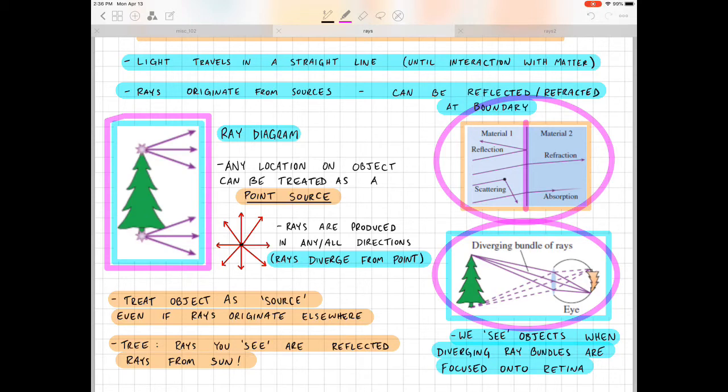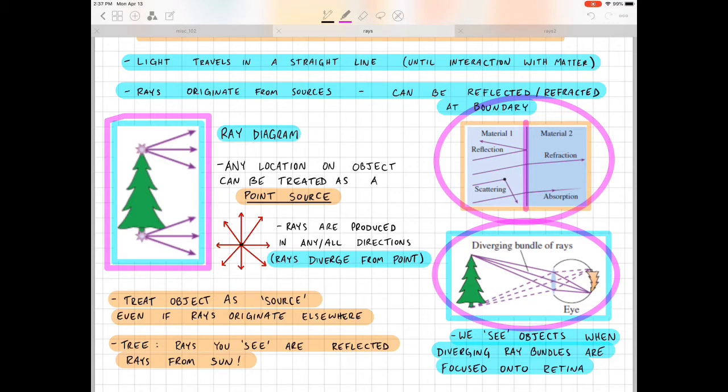So treat your object as a source, even if the rays originate elsewhere. So like for this tree, certainly the tree that you see outside, those light rays are not being emitted by the tree itself. Those light rays are being reflected by the tree, those light rays originating from the sun or from the sky, which is light that's been scattered from the sun.